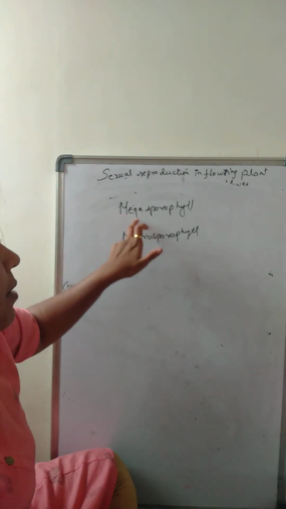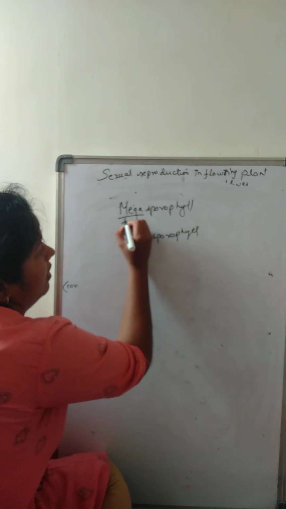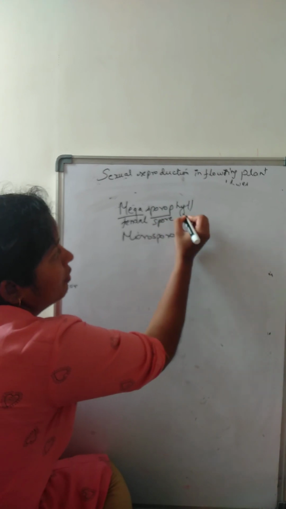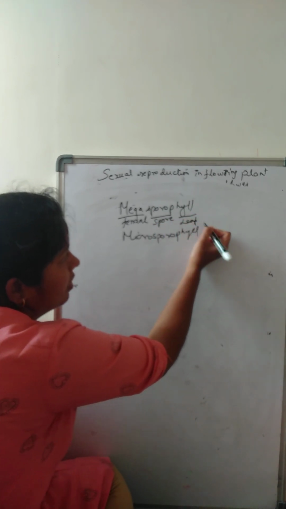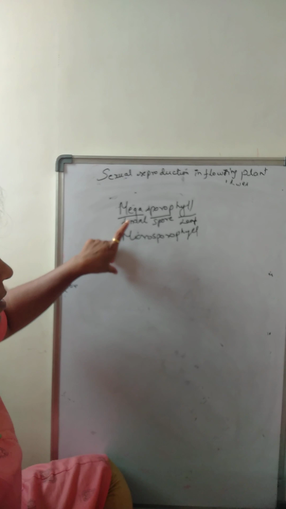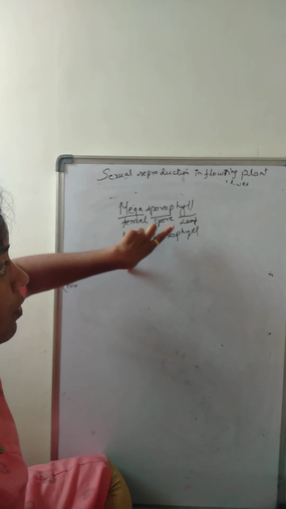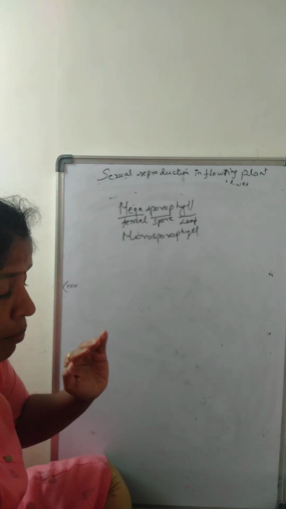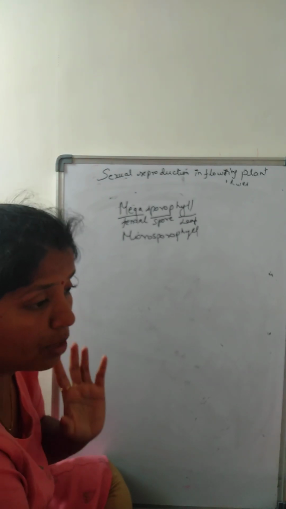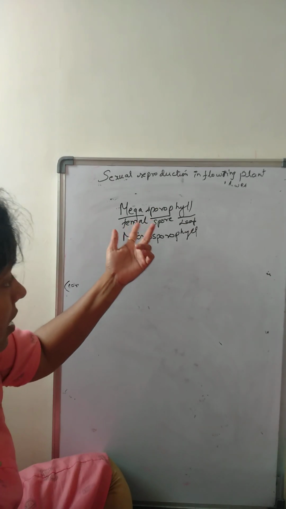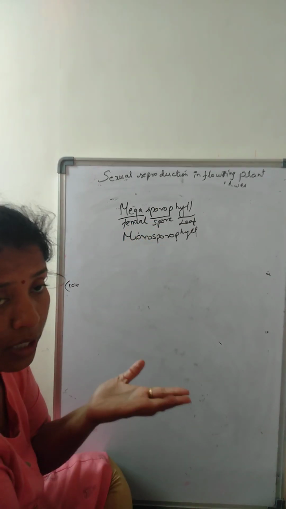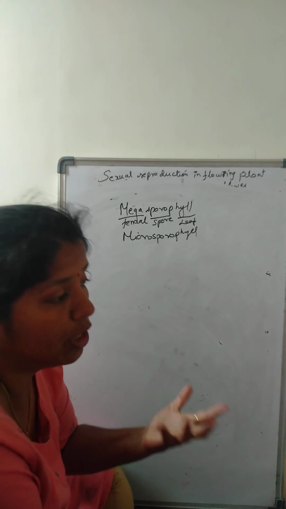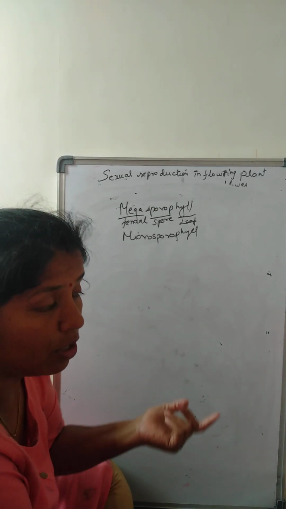Just see, mega means female, spore, phyll means leaf. This is actually megasporophyll. Hundreds of years before, if you see, some flowers have undergone evolution.